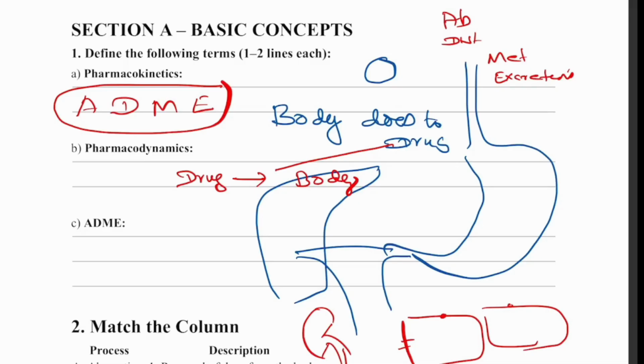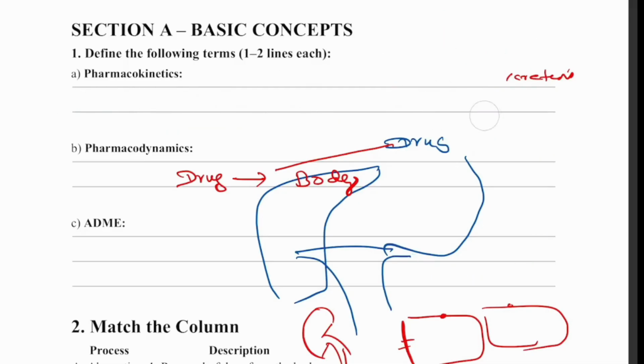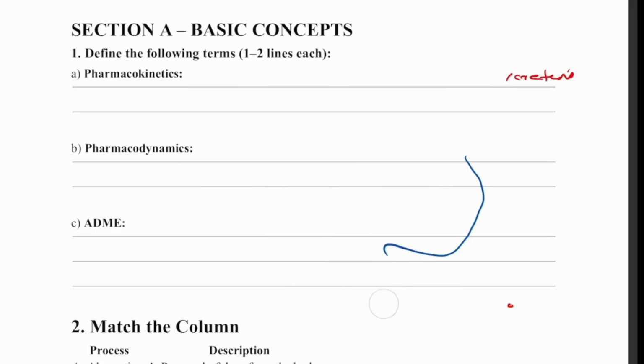Why is pharmacokinetics important? It is important because you can choose the best route of a drug. For example, diazepam: oral diazepam is better than intramuscular diazepam, so intramuscular should not be given.